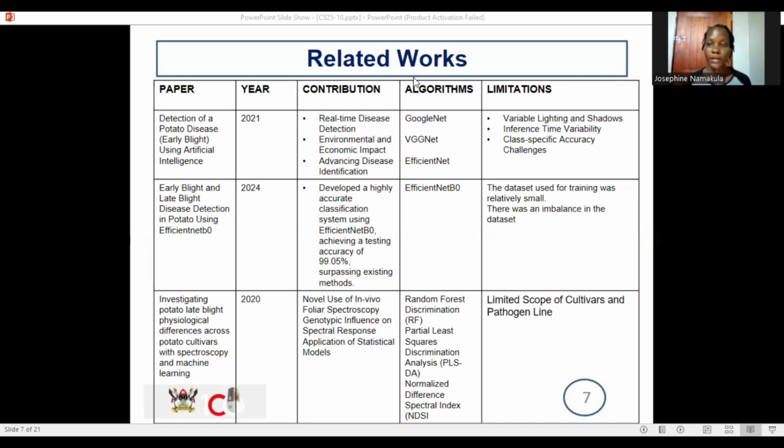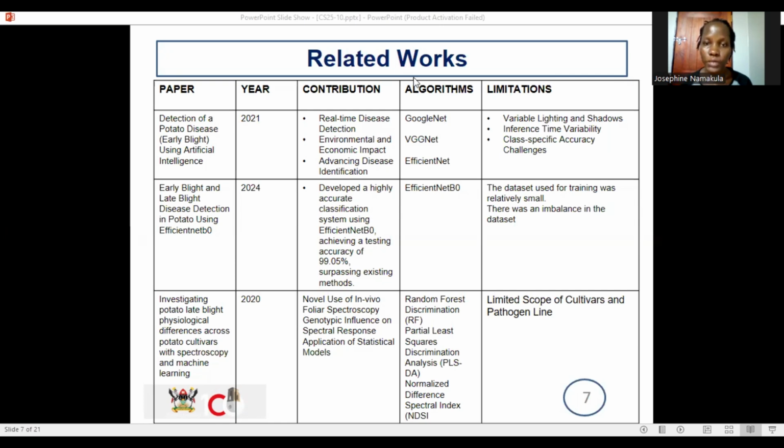Hi everyone. My name is Namakula Josephine, and I'm going to start from where my colleague left off in our project, which is called Interpretable Multi-modelling of Potato Blight Disease Detection with Retrieval Augmentation Generation. So first of all, I'm going to pass through what we have done so far.